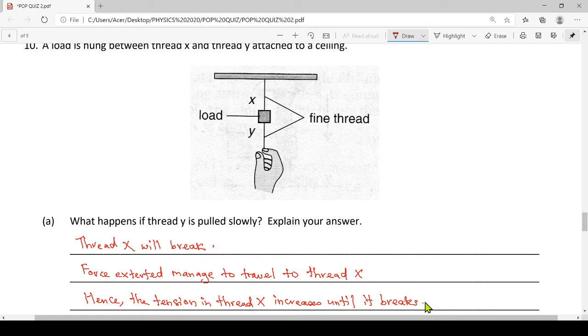Alright, that's what happens if we pull thread Y slowly.